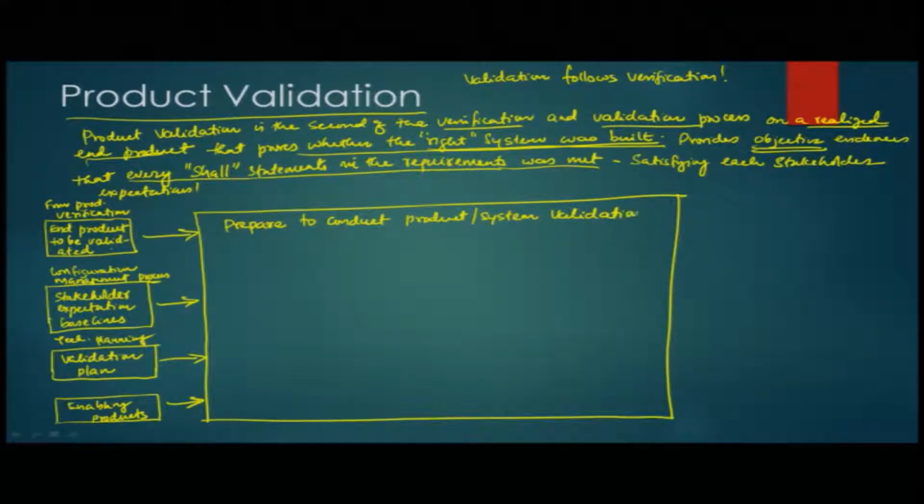So, first thing is you prepare yourself to conduct product or system validation. Once that is done, the next thing you do is you perform the actual product system validation.